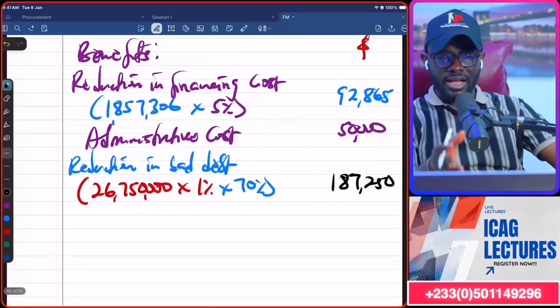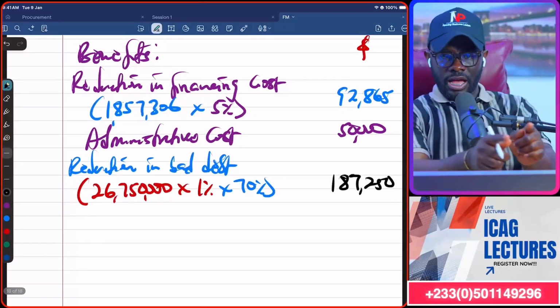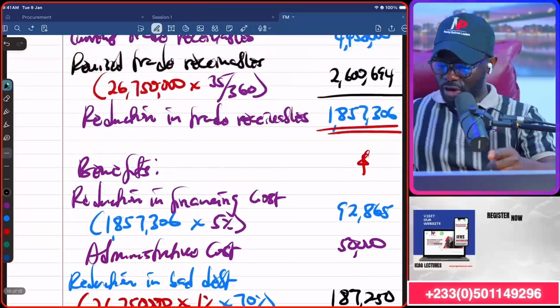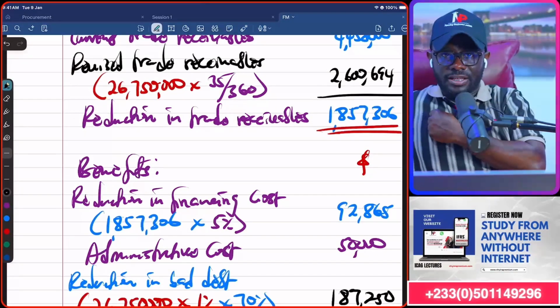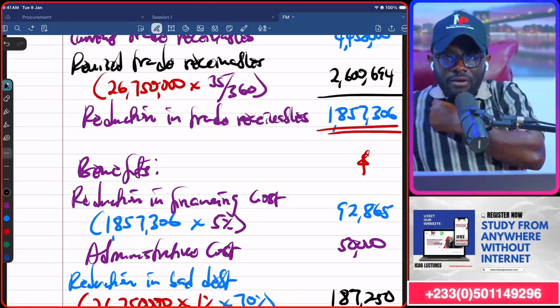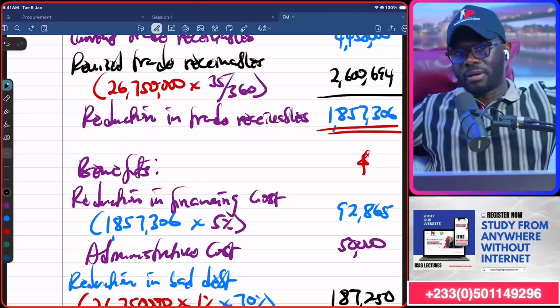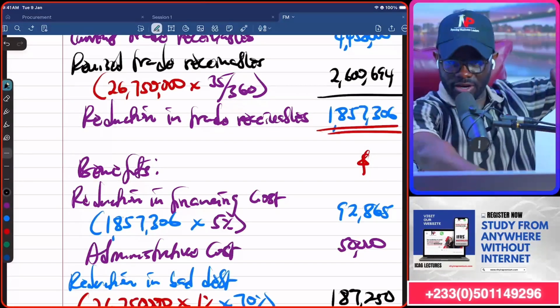So if the factor comes in, our financing is reducing because trade receivable is reducing by this amount. So this money is coming in from the debtors. Because it's coming in from the debtors, you no longer have to go to the bank to borrow money. So there is a reduction in your financing.